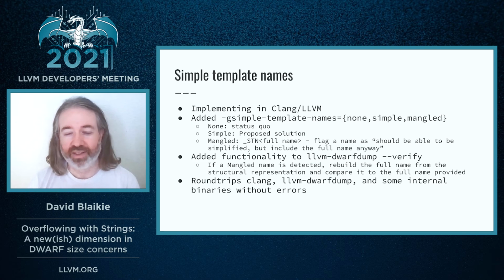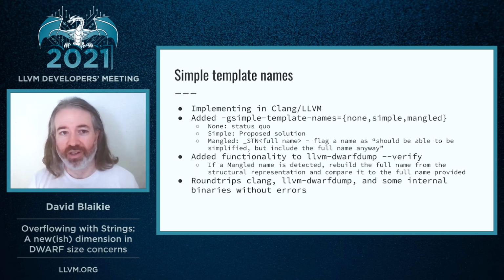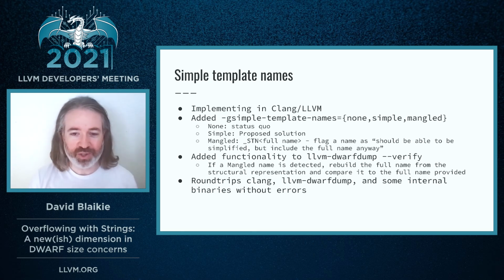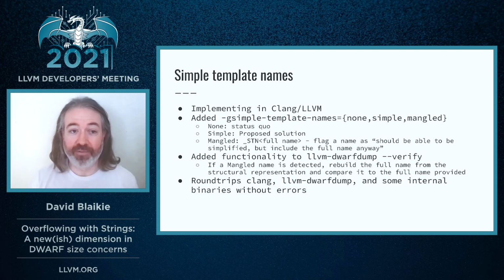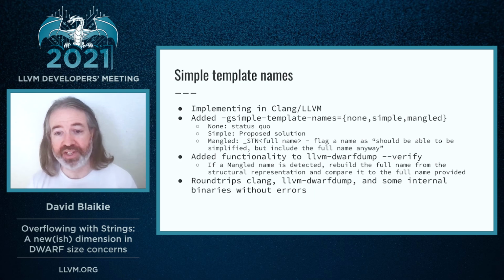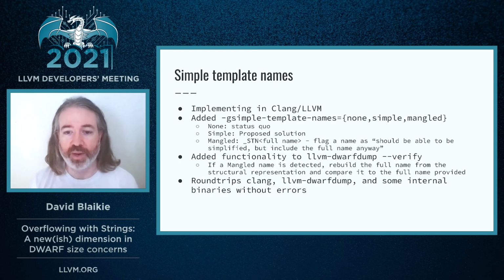You have to go into Xclang flags to get the special mangled mode, which I've implemented, which includes the original textual name, but breaks it up so that LLVM DWARF dump can pretend that it's not there, rebuild the name, and then verify it against the name that is actually there. This helps validate that the transformation is non-lossy and that all of the information in the DWARF structural representation can be used to reconstruct the textual representation.